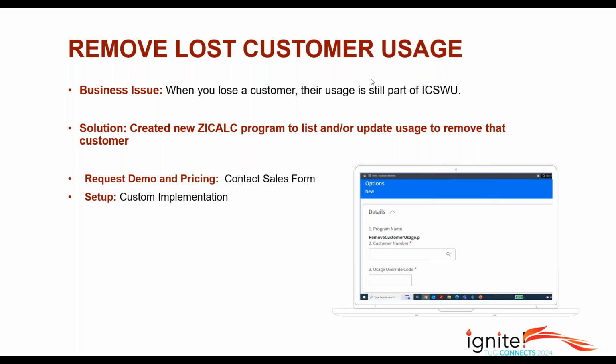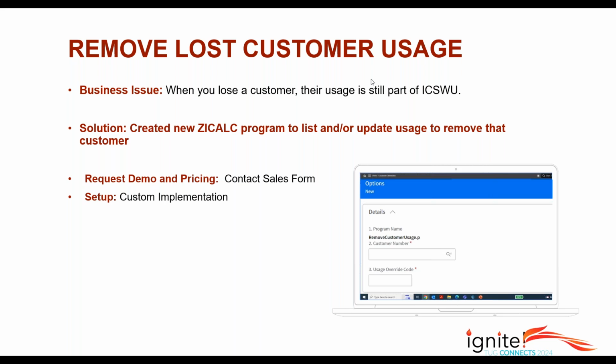One of the things that came up at the original advanced inventory management or inventory management user group subgroup within TUG was that several of the customers brought up, hey, when you lose a customer, I still have their usage in my ICSW, and therefore I'm buying based on that customer that I know is lost and I'm not going to gain that usage anymore. So I want to downgrade how much I'm buying of that product accordingly.